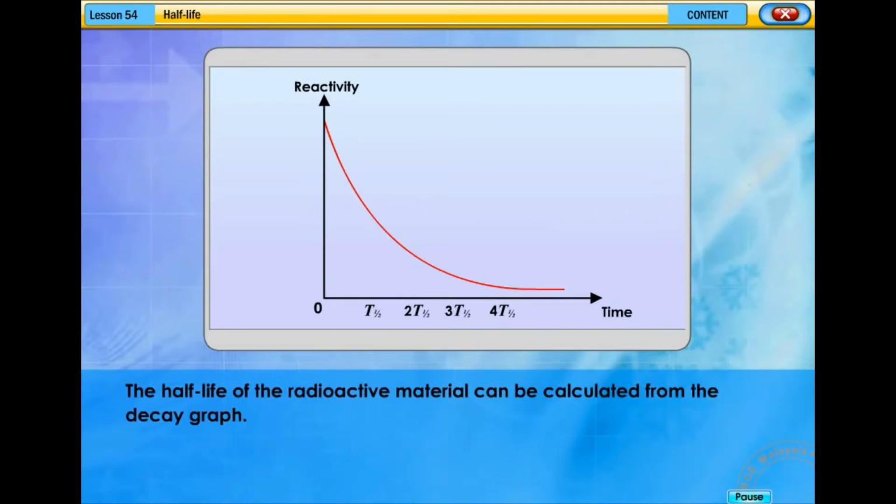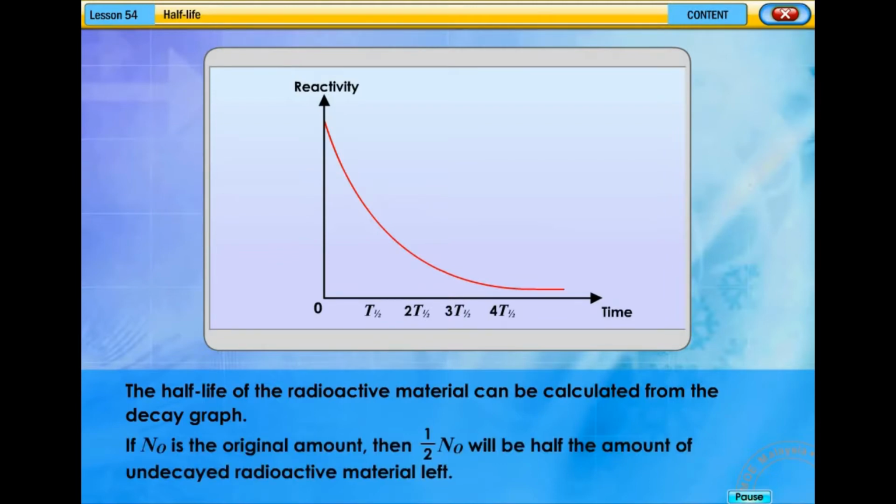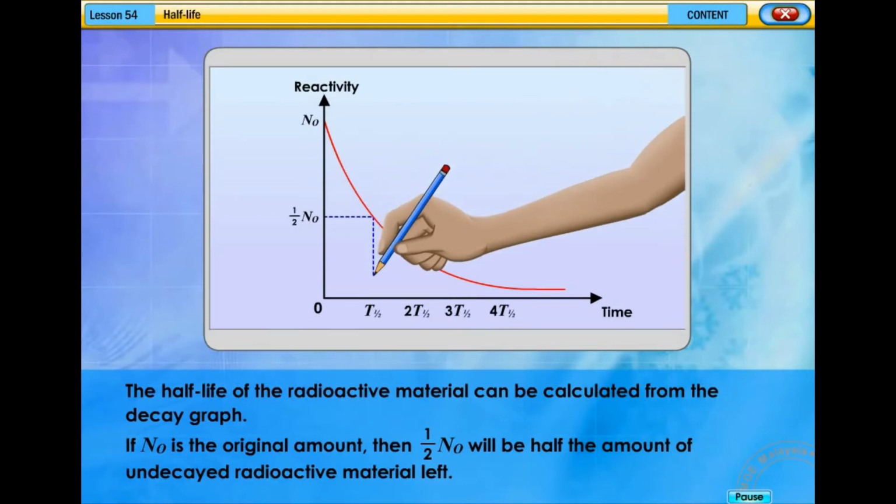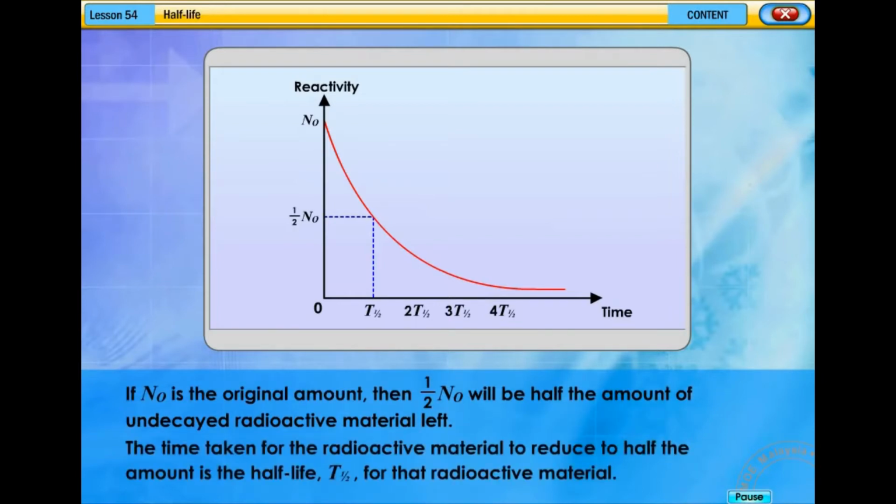The half-life of the radioactive material can be calculated from the decay graph. If N0 is the original amount, then half of N0 will be the amount of undecayed radioactive material left. The time taken for the radioactive material to reduce to half the amount is the half-life for that radioactive material.